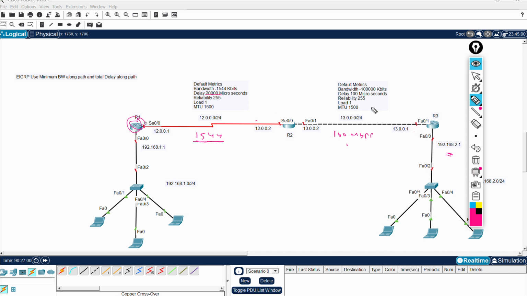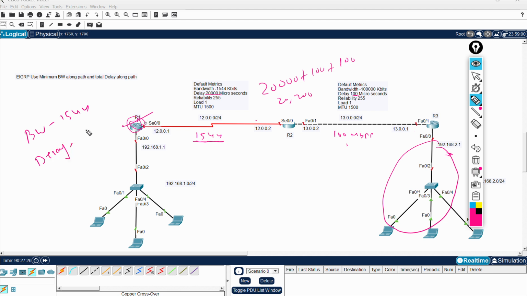Between R2 and R3 the delay is 100 microseconds, and this LAN also 100, right? So 20,000 plus 100 plus 100, total 20,200. So from R1 to reach the 192.1.2.0 network, bandwidth is 1544 kilobits and delay is 20,200 microseconds. These are the metrics to reach the 192.1.2.0 network. So this is the minimum bandwidth, and this is the total delay.